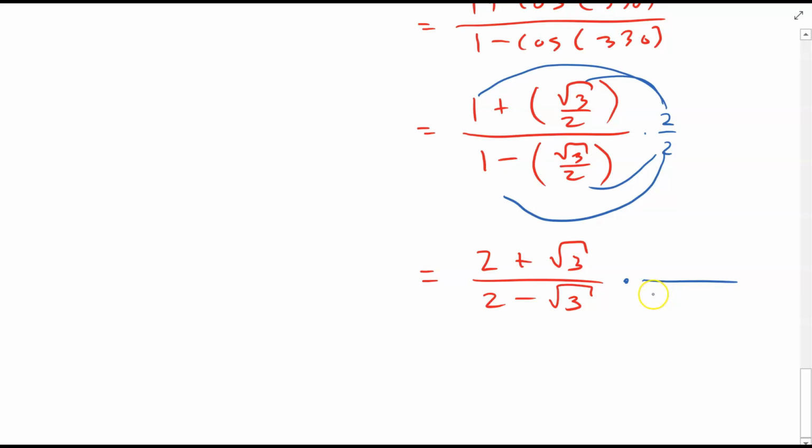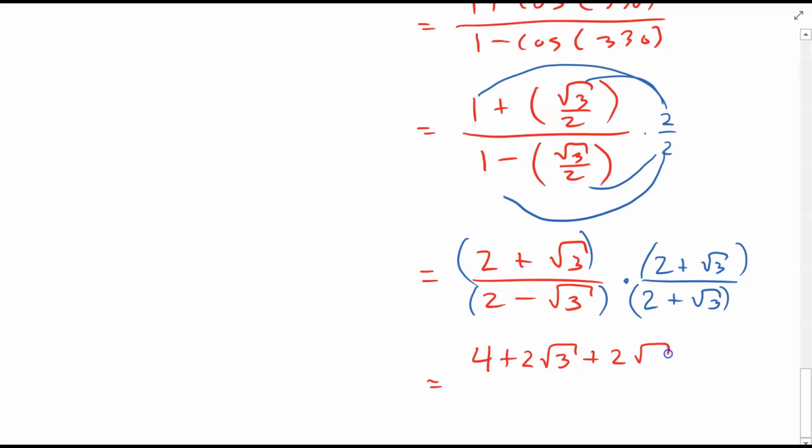Not square root of 3. 2 plus the square root of 3. Because now if I look in the denominator, what I have is that difference of 2 squares, which I think is what JJ was shooting for. So the numerator, I have to FOIL that out. Everybody's okay with that.